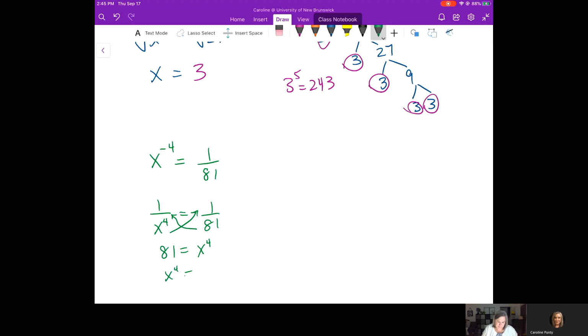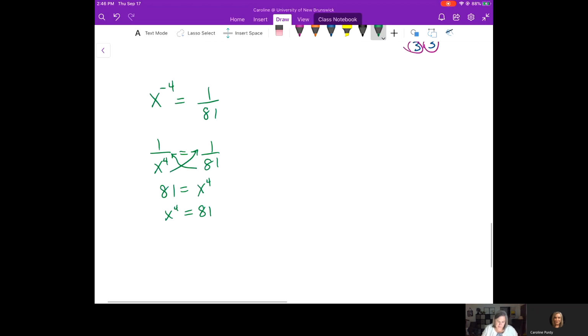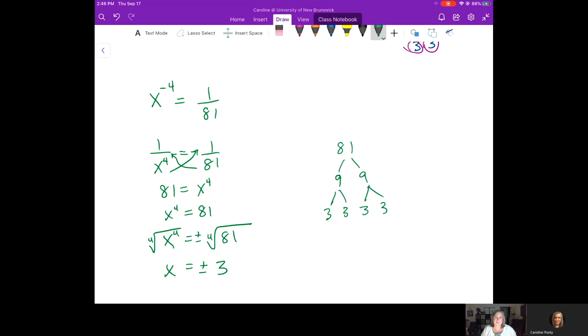I'm just going to flip it around. X to the 4, that's an even power, so I need to remember to put plus or minus when I do the root. So x equals plus or minus, I think 81 is the 3. Plus or minus 3 will work in the original equation.